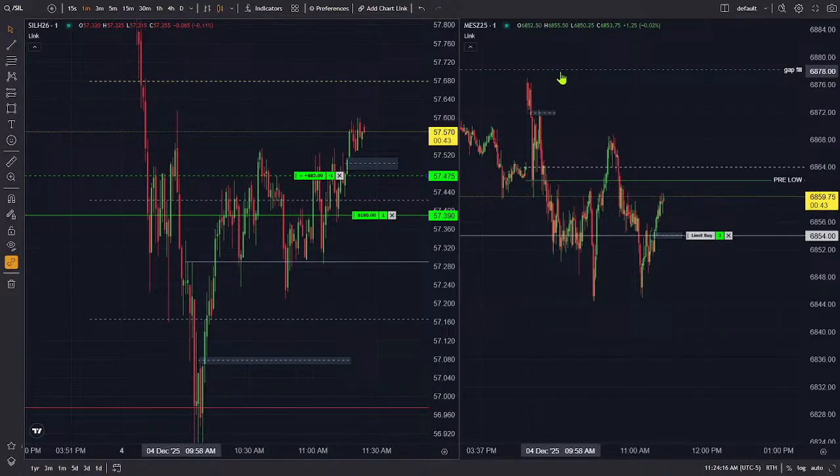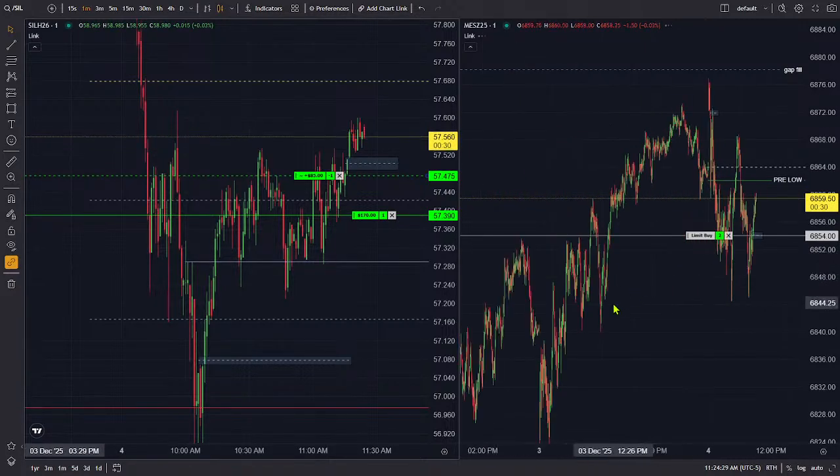We filled the gap pre-market, but we did not fill it in regular trading hours. So there is a little bit of a gap left up here. That low we took out right here was at noon yesterday. We left these. That was the AM session from yesterday.